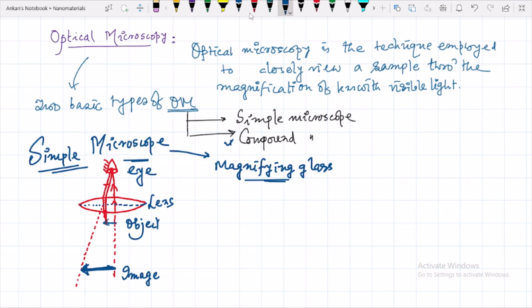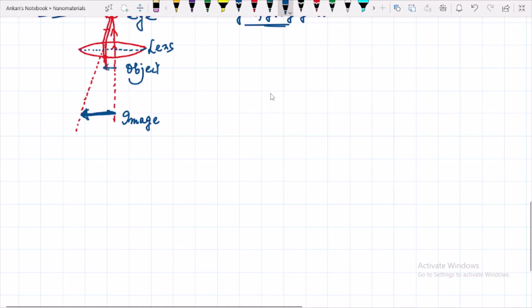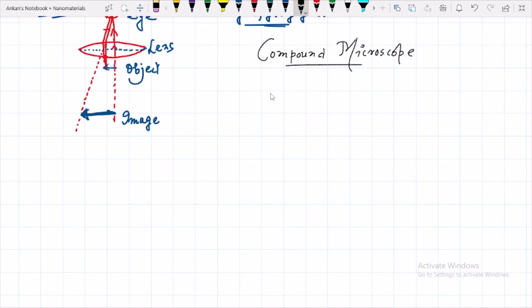Another type of magnification is the compound microscope technique. In this case, we use a series of lenses to enlarge a nanostructure material or object. In this case, a lens is present near the object and another lens is present near our eye.